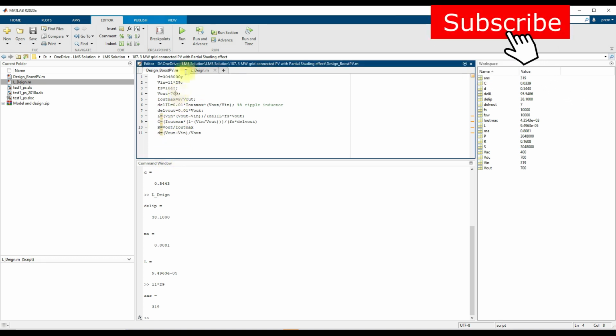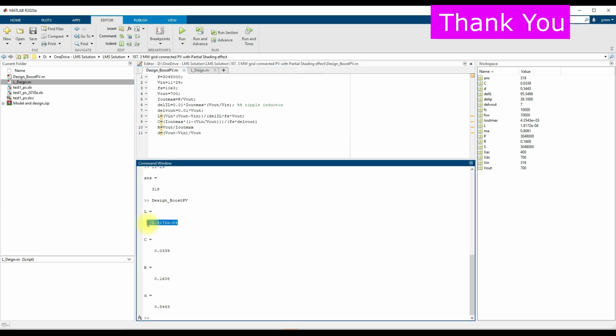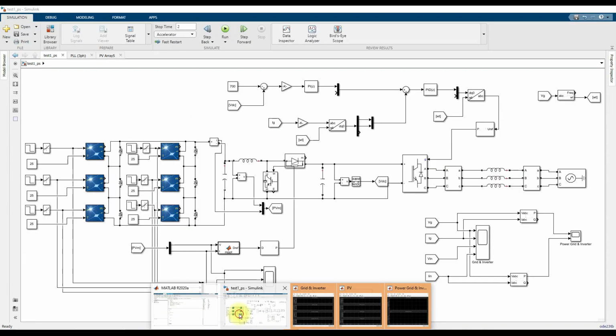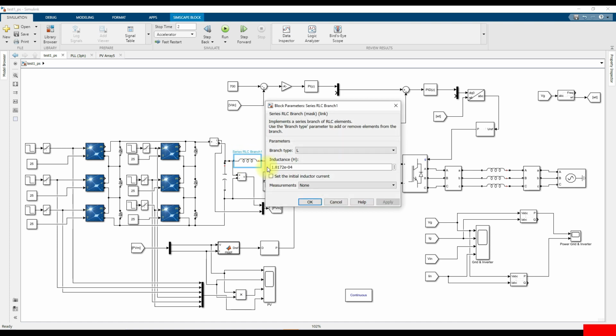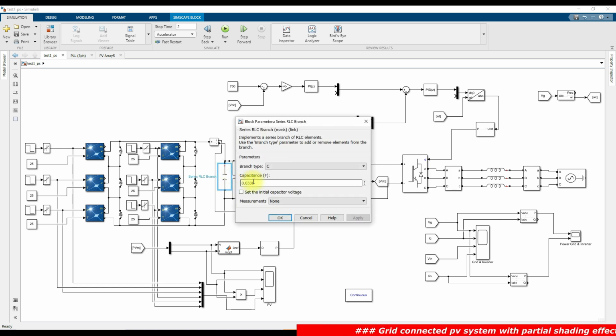Once we execute this, we can see the value of the boost converter inductor and boost converter capacitor, and the operating frequency at the standard test condition, and the duty cycle. That value is placed here, and the input capacitance we will take as the same capacitance value.